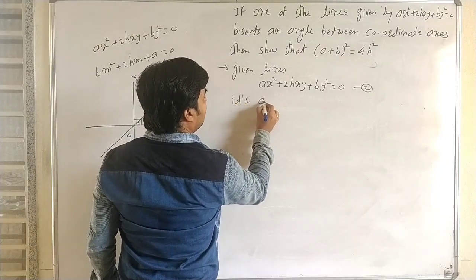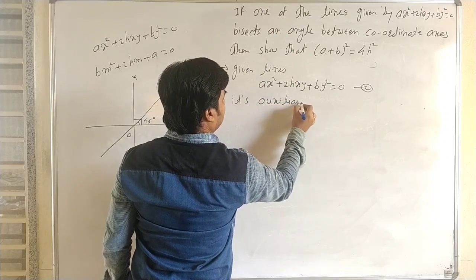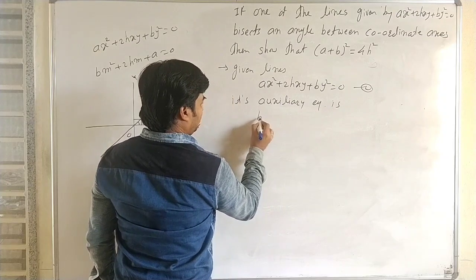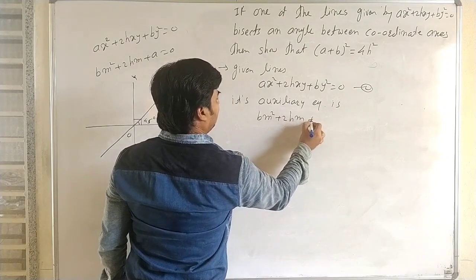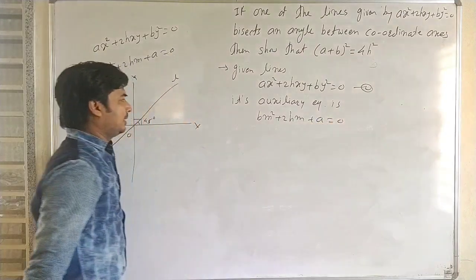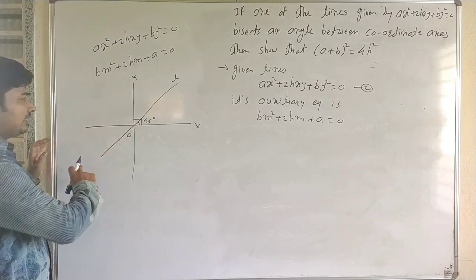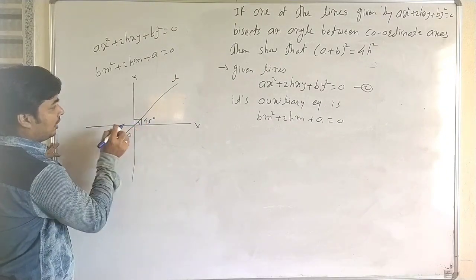Therefore, its auxiliary equation is bm square plus 2hm plus a is equal to 0. But here, if the line bisects the angle between the first and third quadrant, then the slope is 1.